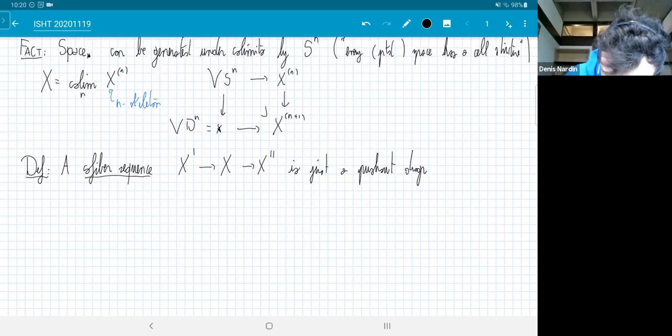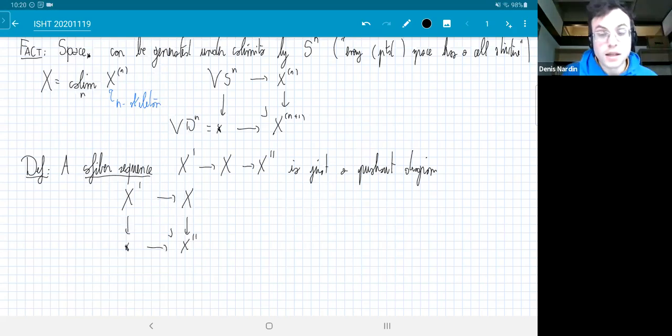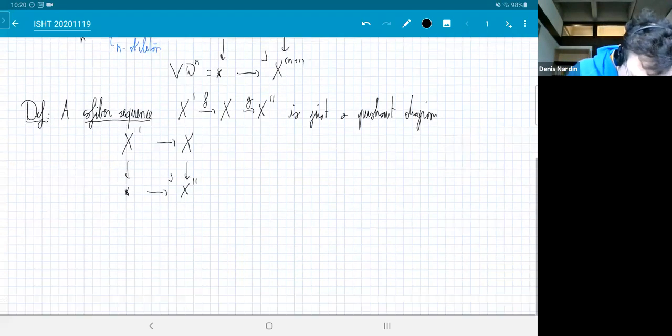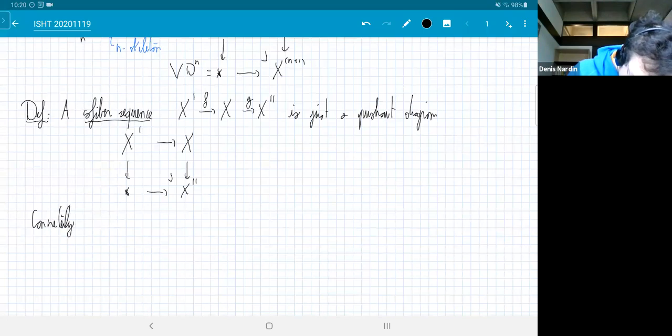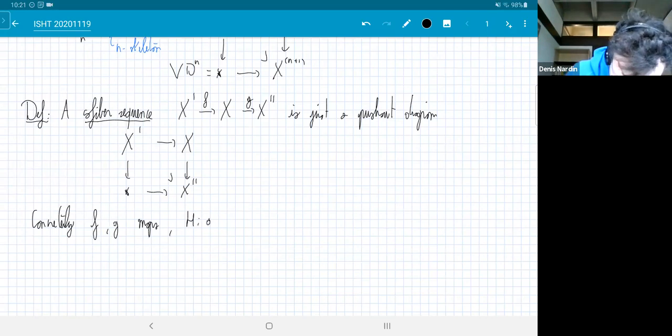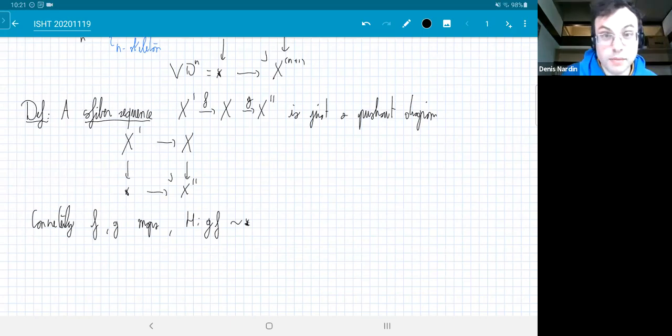X' goes to X, X' goes to the point. So concretely, this means that we have two maps, F and G, and H, a homotopy of G∘F with the constant map at the point, and which is universal.